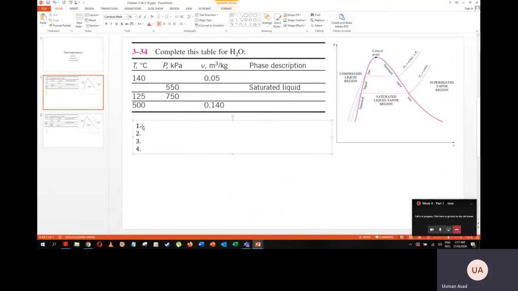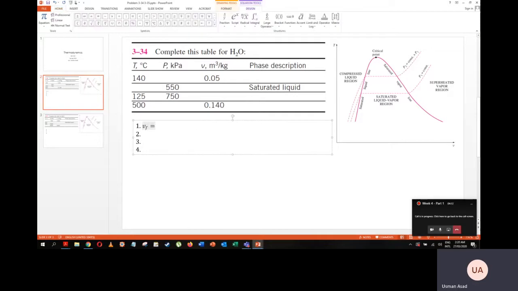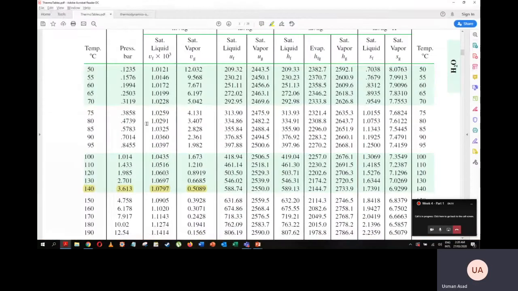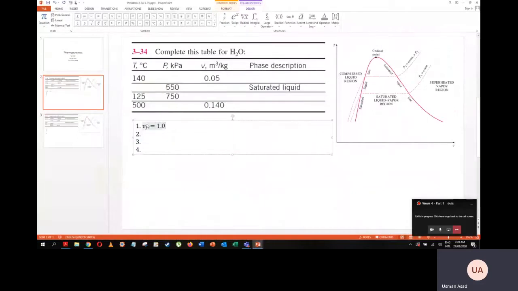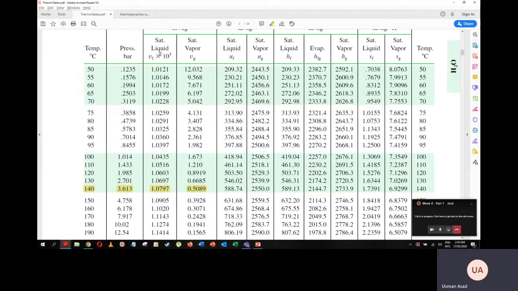So for problem number 1, we can say from the tables that VF has a value of 1.0797 into 10 raised to the power minus 3. Okay? Keep in mind that this is indeed minus 3, because at the top of the table it is written VF into 10 raised to the power 3. So this 1.0797 is VF into 10 raised to the power 3.